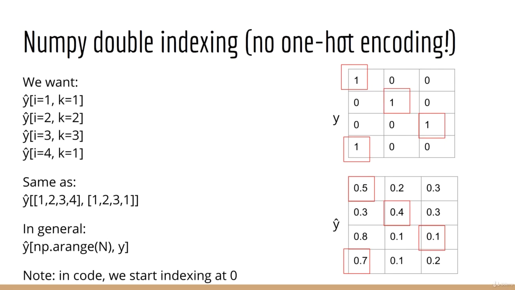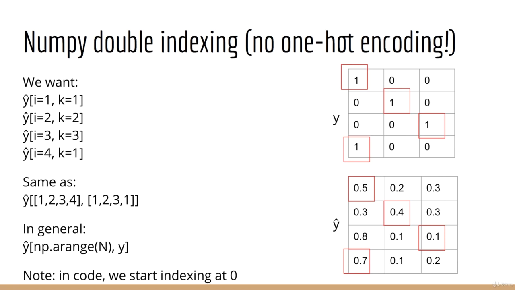And indeed, this is possible. In NumPy, we can use the double indexing trick. NumPy arrays allow you to index using iterables, such as lists and other arrays, instead of just single integers. So if I wanted to take my predictions and index only the relevant values, here's what I would do. I would take y hat at i equals 1 and k equals 1. I would take y hat at i equals 2 and k equals 2. I would take y hat at i equals 3 and k equals 3. And I would take y hat at i equals 4 and k equals 1.